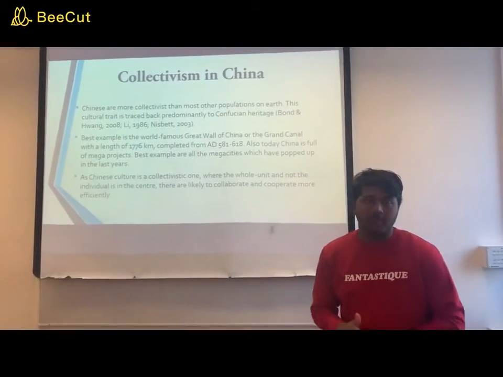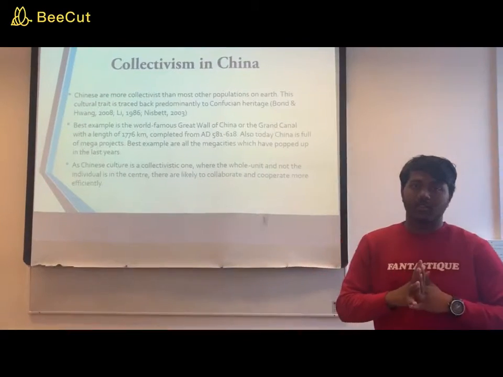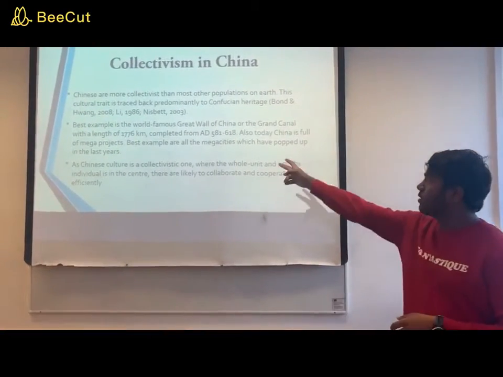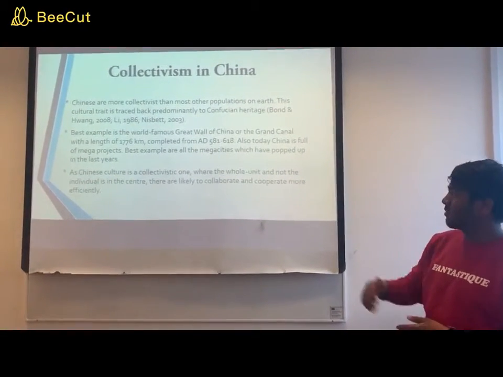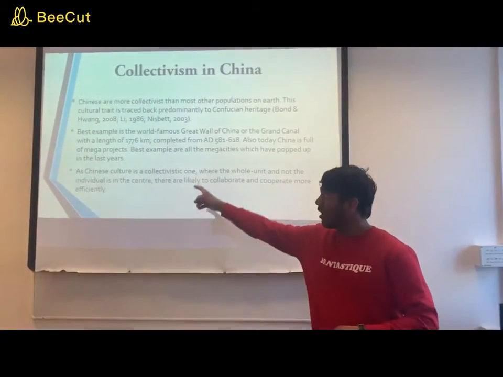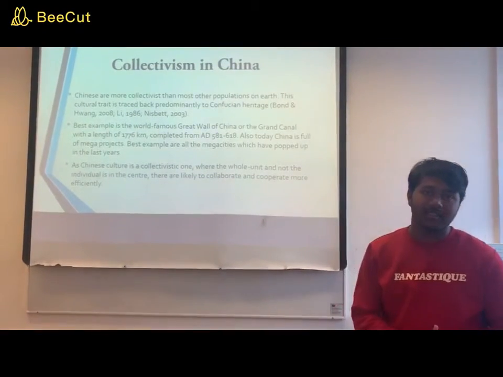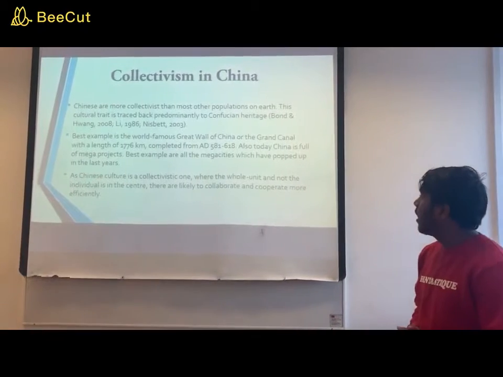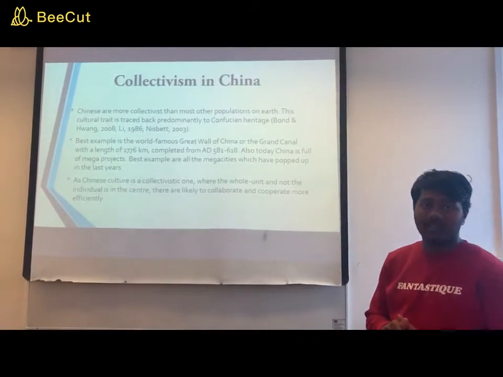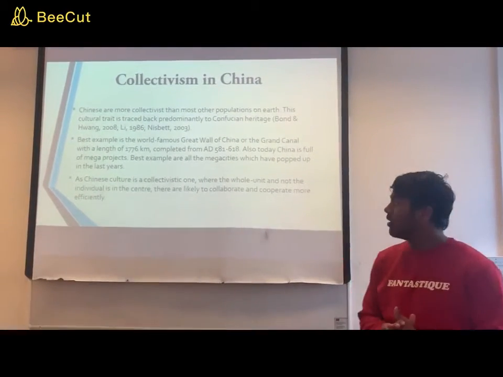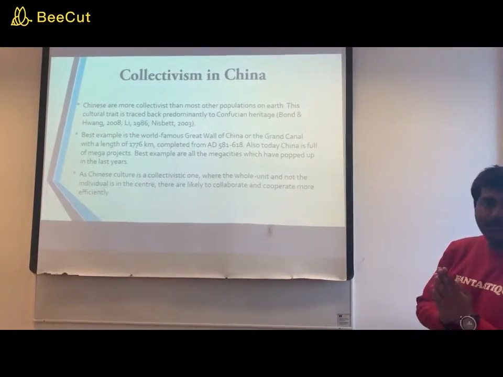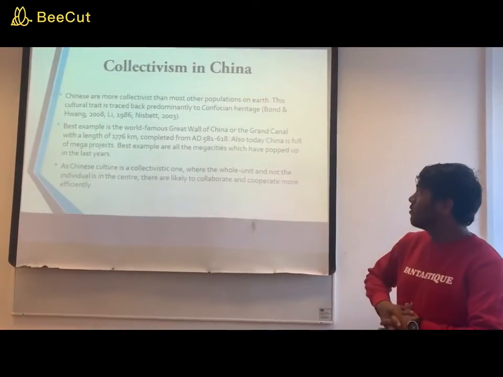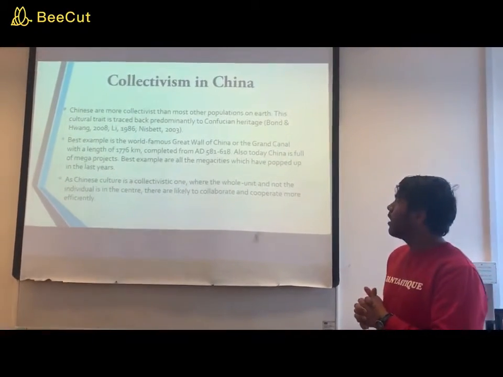The best example of this collectivism is the Great Wall of China, which was built during 581 to 618 AD, and is around 17,076 kilometers long. A lot of Chinese mega projects like the cities were also made and created because of the collectivism which is in the culture of China.